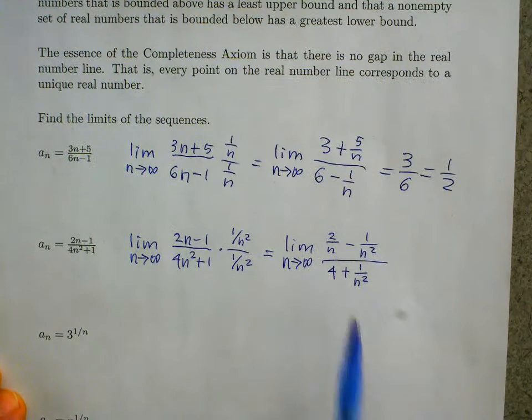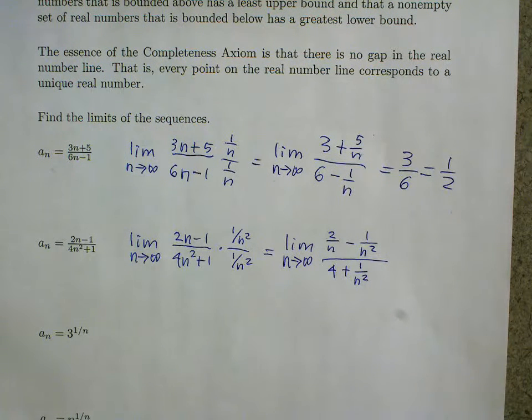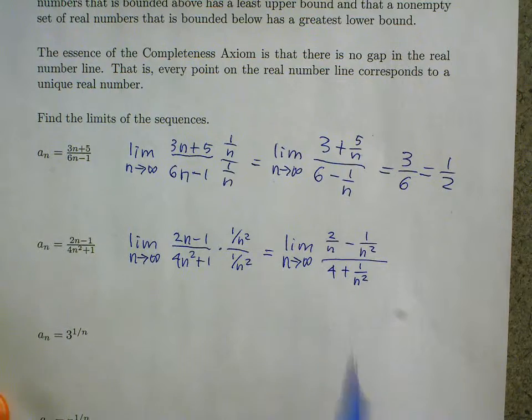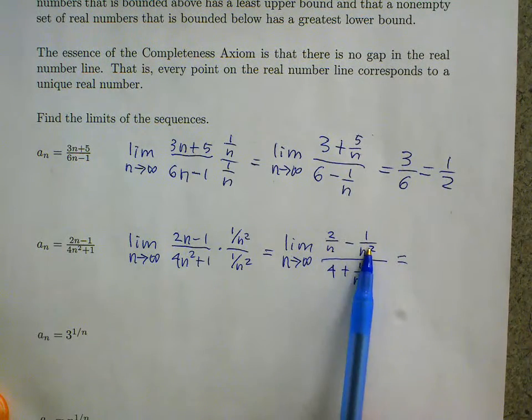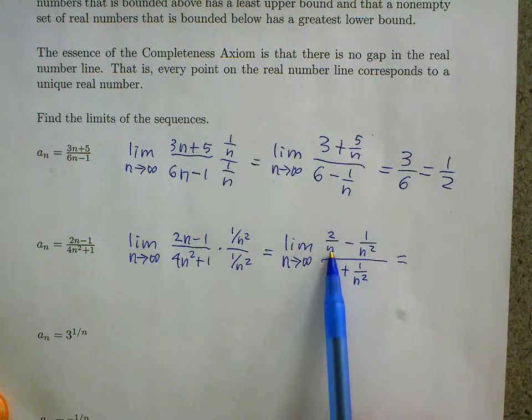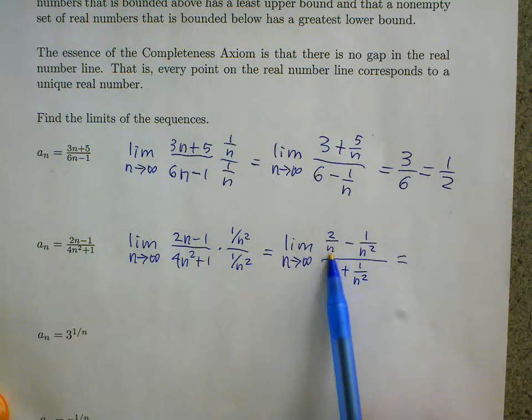And then we observe what each of those 4 terms do as n approaches infinity. So both terms in the numerator go to 0 because the numerators are constants, but the denominators are approaching infinity.